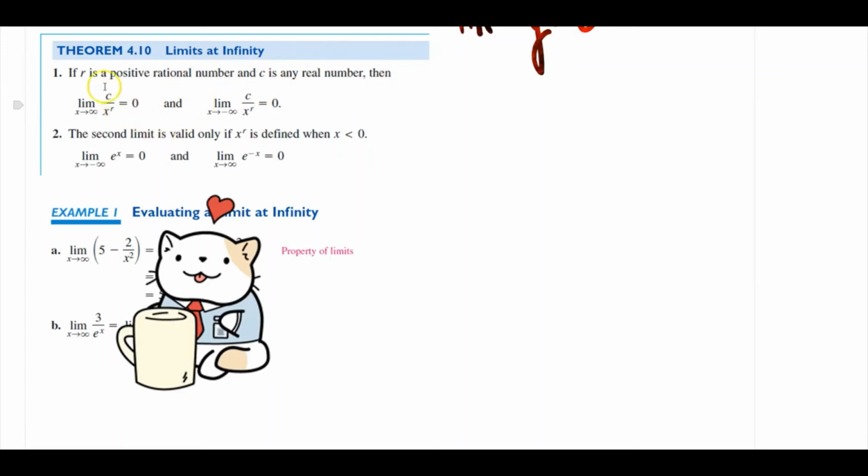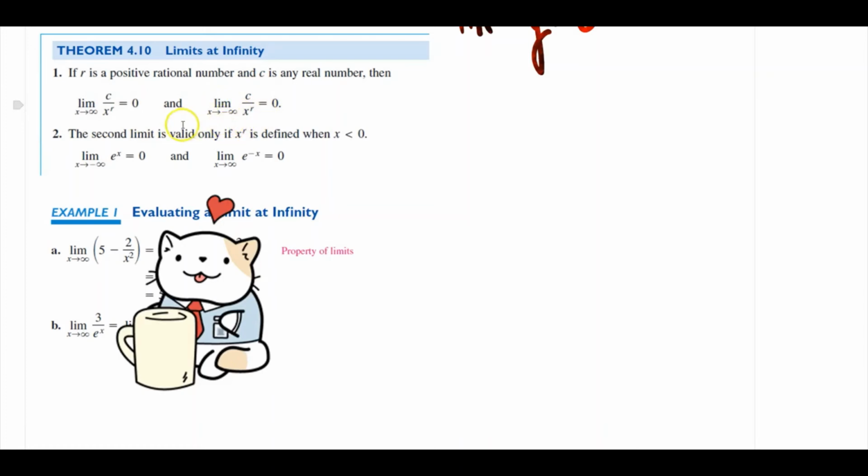Then if we have x raised to some power in the denominator, and we have just some number divided by x raised to some power, then our limit as x approaches infinity of this is going to be 0. Because if you plug in infinity down here, then you're getting some number divided by infinity. Even if you're square rooting it or whatever, you're still going to get out 0.